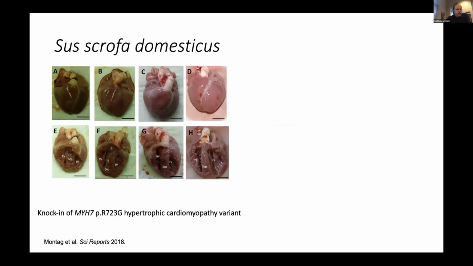And then finally, one of the things that being in the translational space is important, particularly for our FDA colleagues, is large animal models.